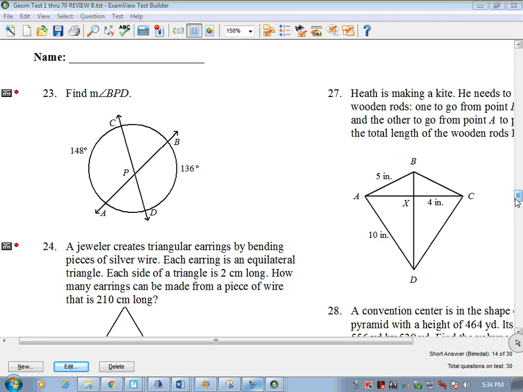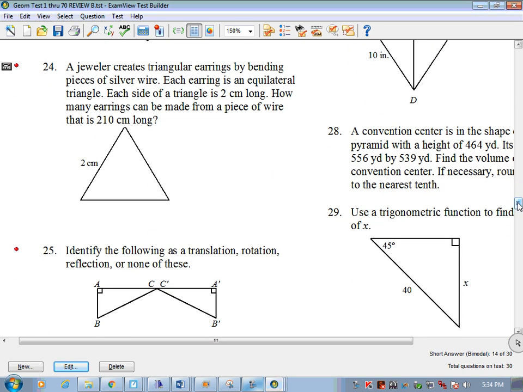Okay, 24. A jeweler creates a triangular earring by bending pieces of silver. Each earring is equilateral, meaning all sides are the same length. Each side of a triangle is 2 centimeters long. How many earrings can be made from a piece of wire that's 210 centimeters long? Well, there's 2 centimeters, 2 centimeters, 2 centimeters, so each earring, if you were to stretch it back out, is 6 centimeters long.